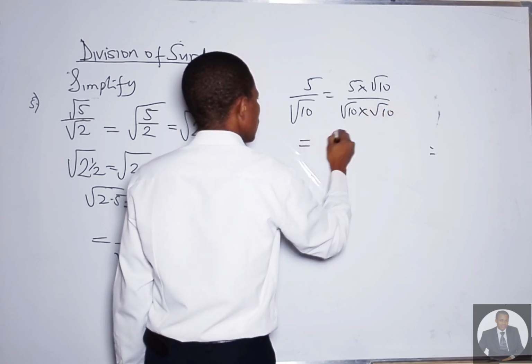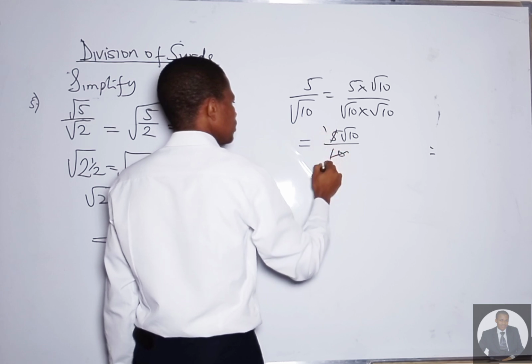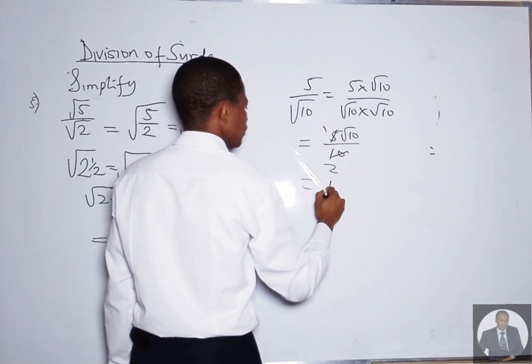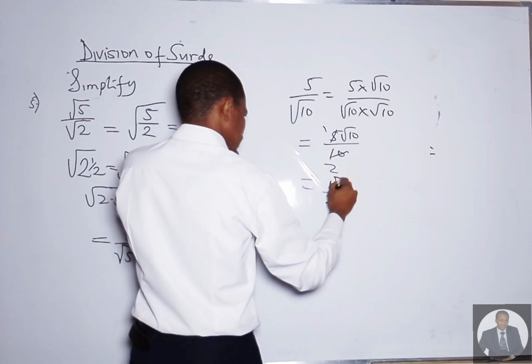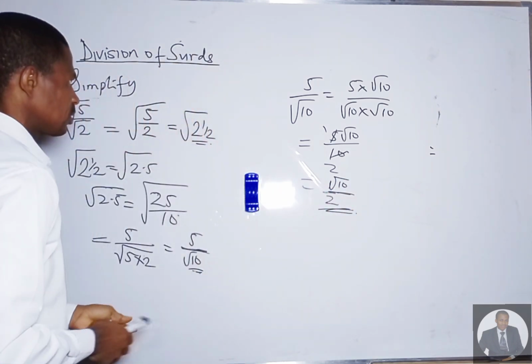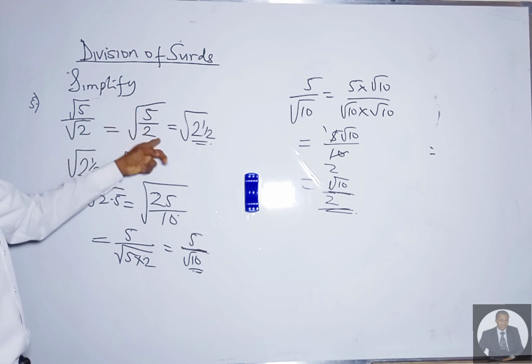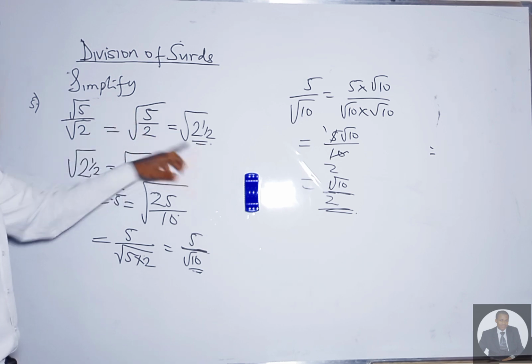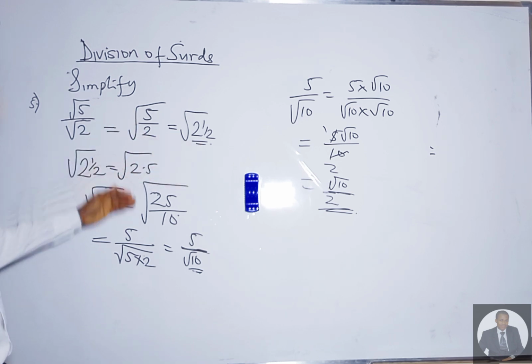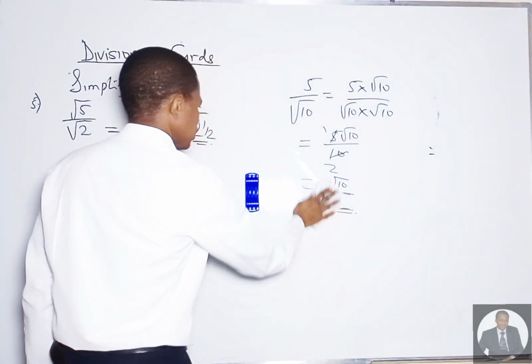That will give us 5 root 10 over 10. 5 here 1, 5 here 2. So we have root 10 over 2 as our answer. So the square root of 5 divided by the square root of 2 is the same thing as the square root of 5 divided by 2, simply as this, or we bring it further as this.